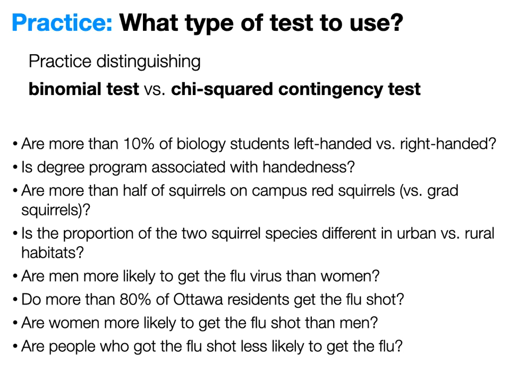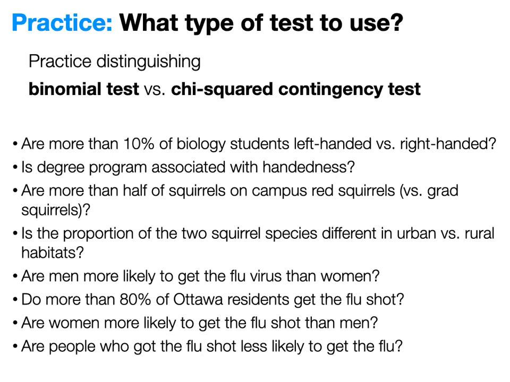So one of the important things that you have to do, your software doesn't do it for you, is to decide what type of test should I be using. And so in these examples, I think there are 8 of them. So for each of these 8 examples, these are questions. Think about what would the data look like, and what are we asking here? What type of test could we use to address this question?